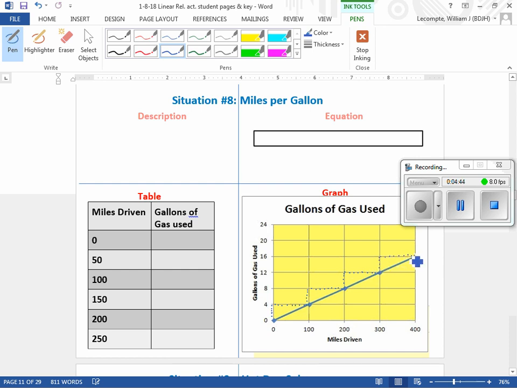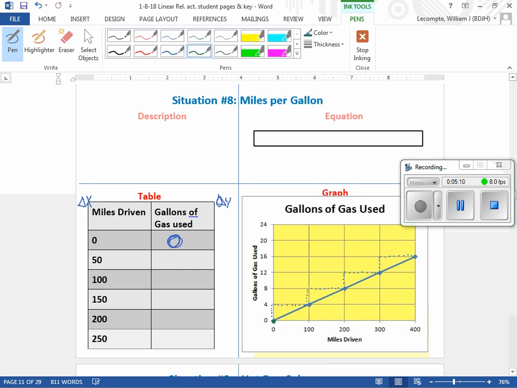Because I'm going up 4 and over 100, my change of y is up 4, and my change of x is 100. Okay, well, I don't have a 50 or a 0, so I'm going to have just a 0 right here. That's where I started from.